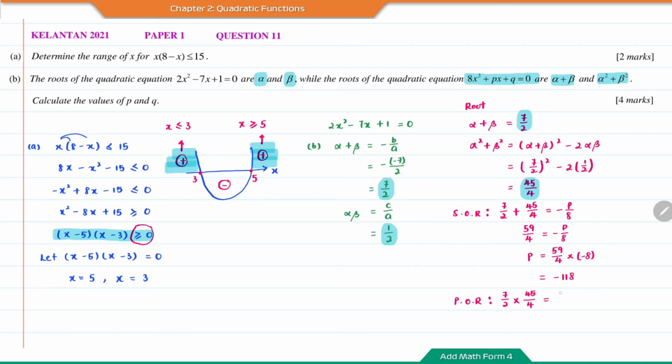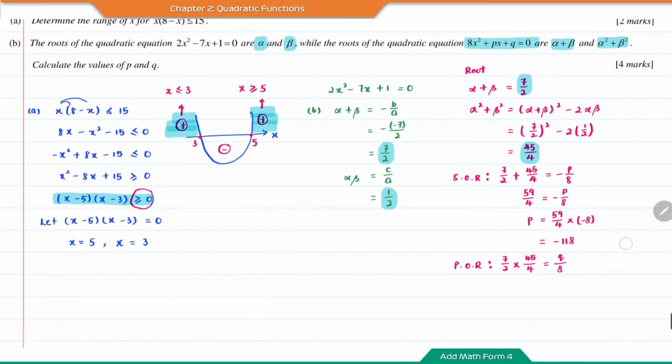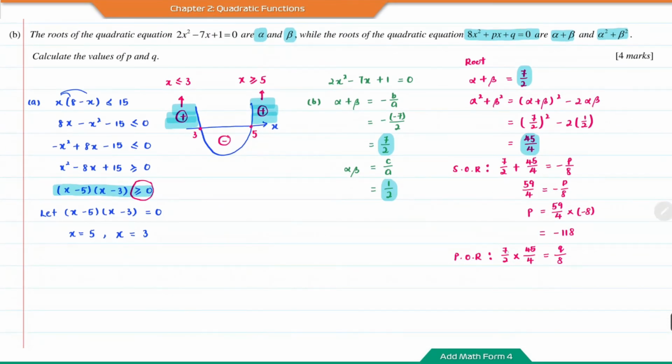In this case, the c is the q, whereas the a is the number 8. So 7 over 2 times 45 over 4, we will have the answer of 315 over 8. Therefore, q is equal to 315.